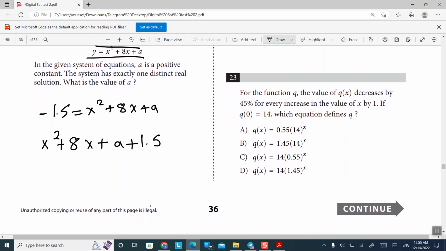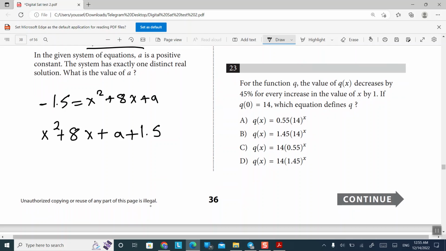So here we have a single trick in the question. Since we said that we have only one distinct real solution, we can use the discriminant and equalize it to 0. So b squared minus 4ac is supposed to be equal to 0. And solving for a, with a, b, and c from the entire function.